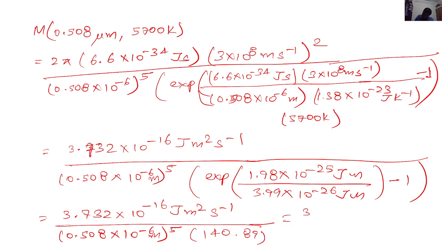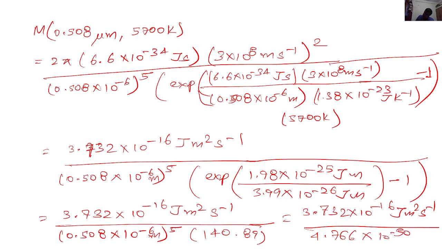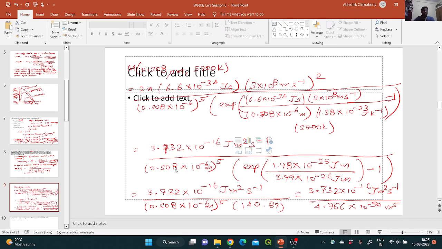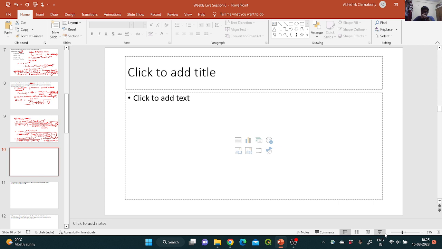So finally we get 3.732 into 10 power minus 16 joules meter square per second by 4.766 into 10 power minus 30 meter to the power 5. Let's take another slide to finish this part of the question.